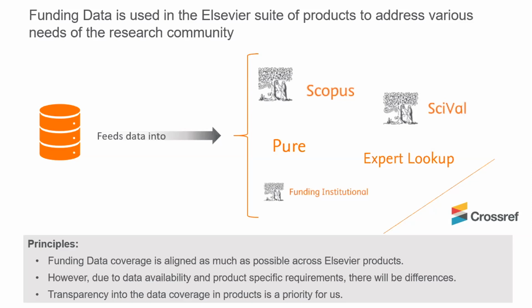But well, all these products are consuming the data from one single place, as you can see, the Elsevier funding database. Realistically, there will always be differences in how funders are available in each product and what funders are available in each product. And this is partly due to the availability of the metadata, partly due to the requirements of the products. To give an example, sometimes funders don't disclose the recipients of their past funding.